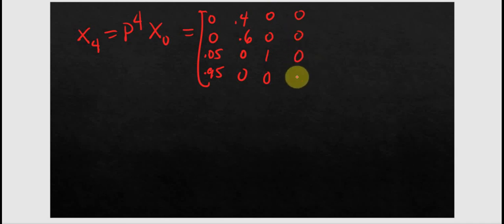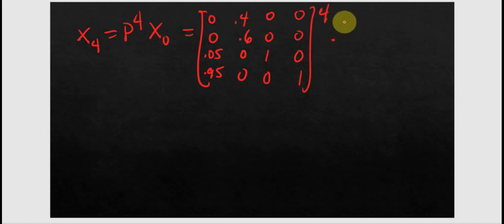So this is 0, 0, 0.05, 0.95, 0.4, 0.6, 0, 0, 0, 0, 1, 0, 0, 0, 0, 1. That's raised to the 4th power.